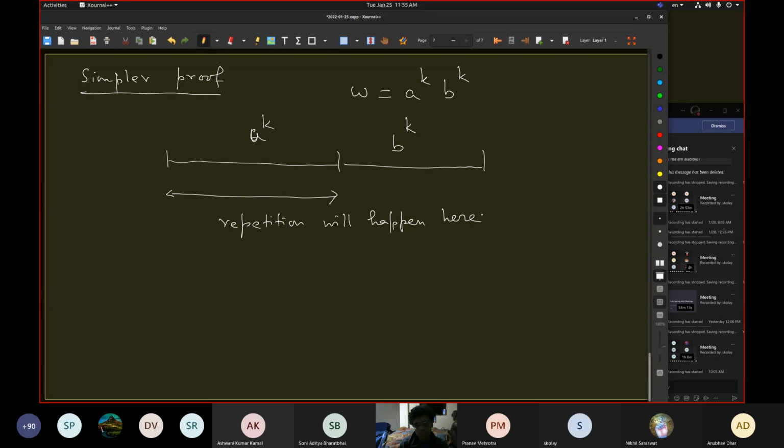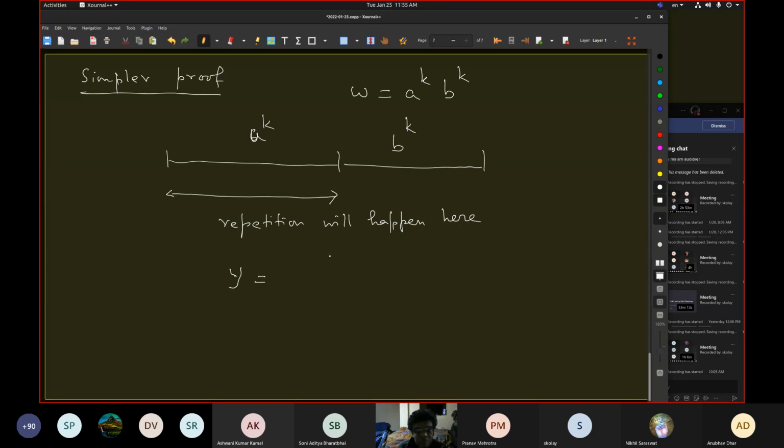Yes or no? Wherever the machine stays here is not necessarily a final state, but after that it is going to read b power k and reach a final state. Since the repetition will happen here with absolute certainty, there is only one possibility for y.